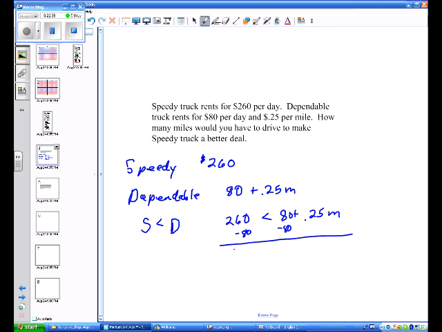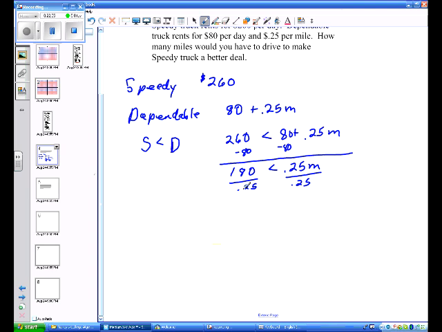And we would have 180 is less than 25 cents per mile. Then we're going to divide both sides by the 25 cents. And when we do, 180 divided by 25 hundredths would be 720 is less than M.